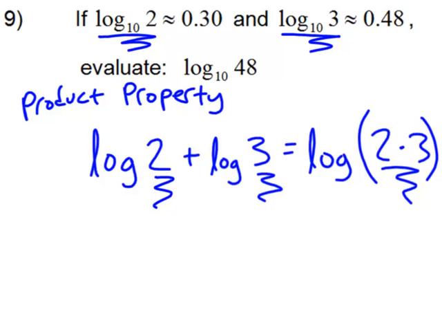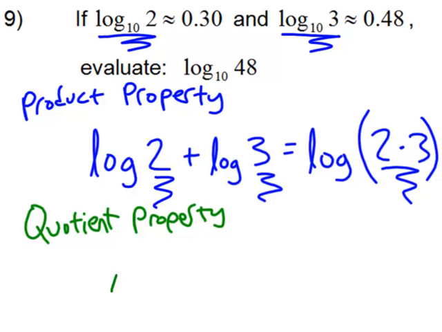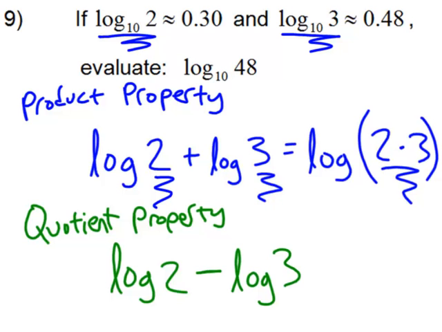There is also a quotient property. It works in a somewhat similar manner. The quotient property, or quotient rule if you insist, would say that instead of adding, if I'm subtracting one logarithm from another logarithm with the same base, and again, in this case, we have base 10 for both of these logarithms, then I can combine them into a single logarithm of this quotient.